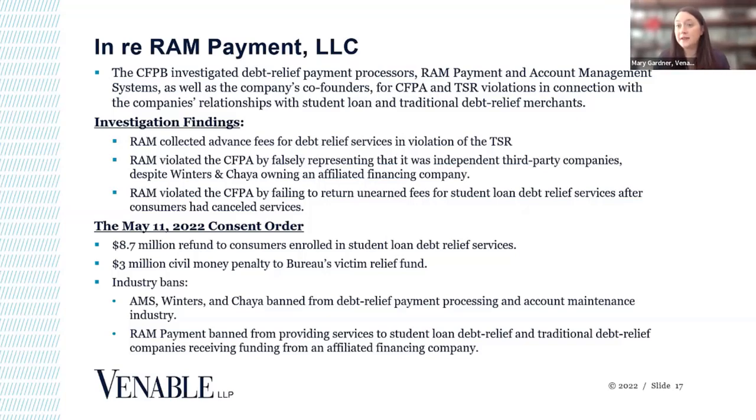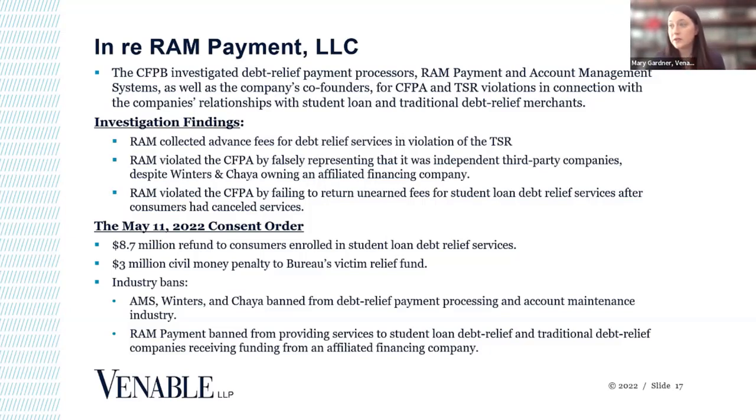As Lynn said, the CFPB has the ability to collect civil penalties on its own as well, and it exercised that right here. It collected $3 million, and that money is being put into the Bureau's Victim Relief Fund.